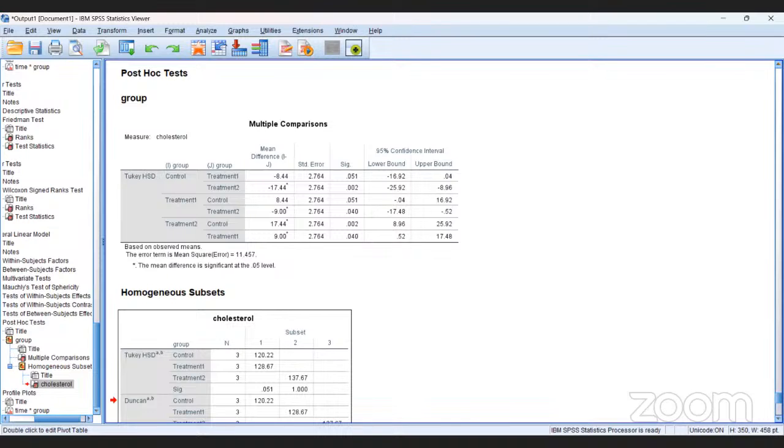So in case of the post hoc test, for non-parametric, we are getting the difference between days. But in case of the parametric, we can get the difference between the groups.